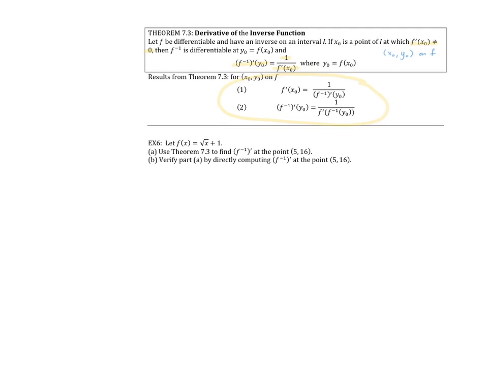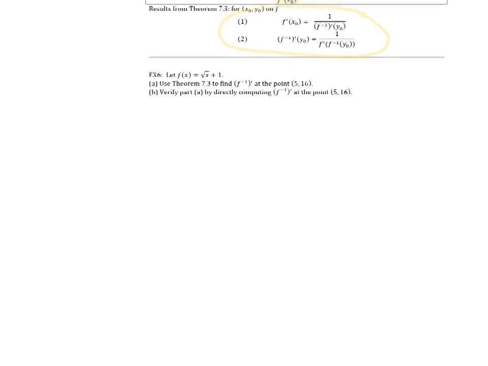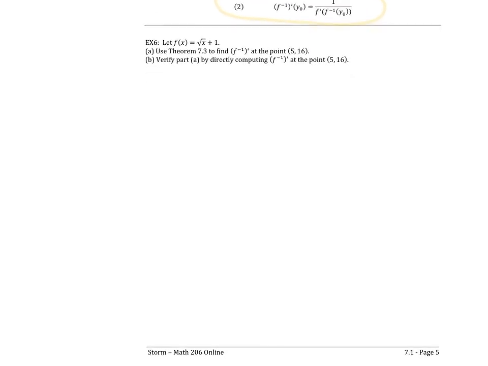So let's go ahead and look at example 6. And we'll go ahead and see how we could use this. So let's say our function is the square root of x plus 1. And we want to use theorem 7.3 to find the derivative of the inverse function at the point (5, 16).